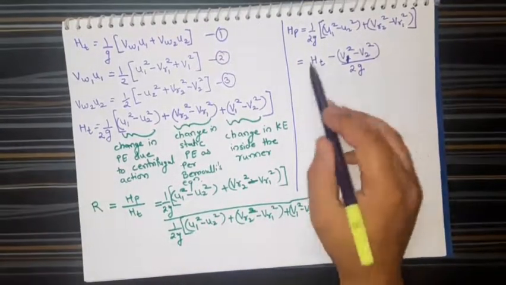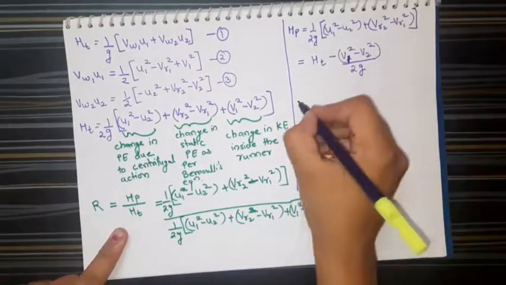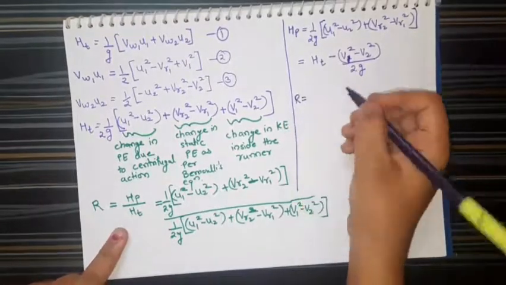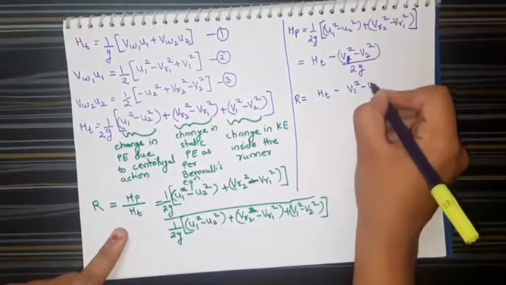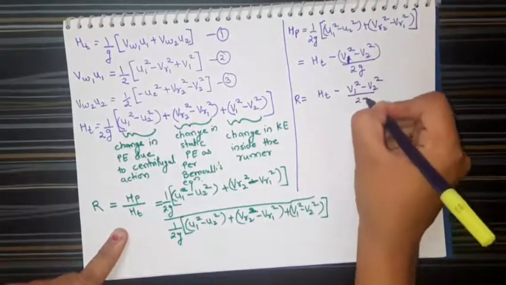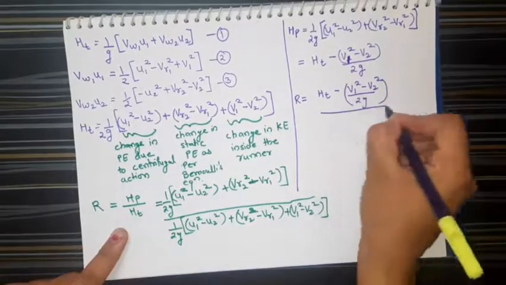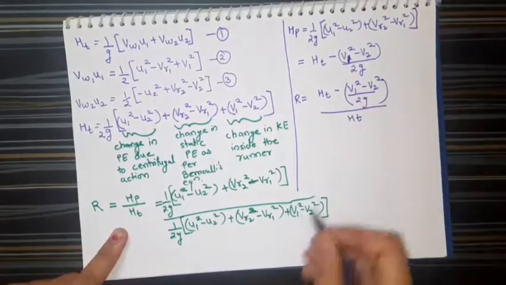If we put this value in this equation, then we can write the degree of reaction is equal to HT minus V1 square minus V2 square by 2G, upon HT.